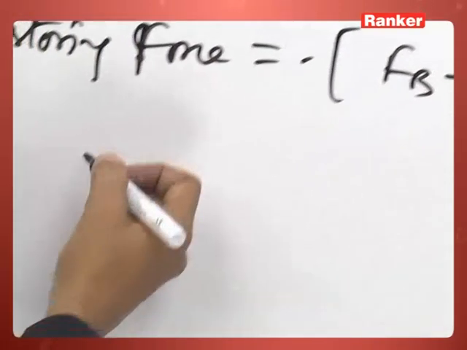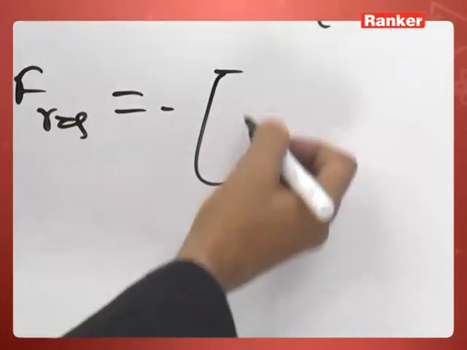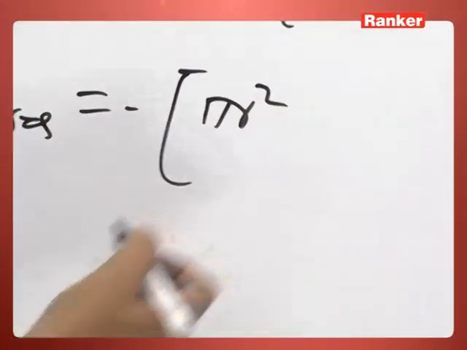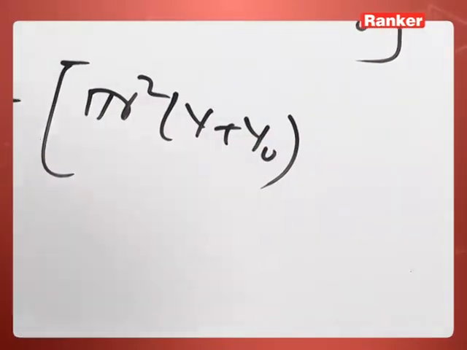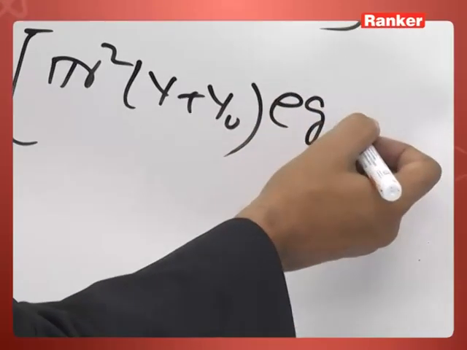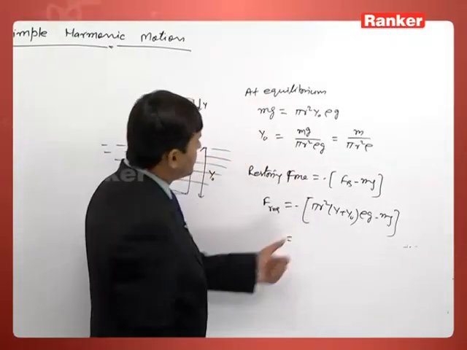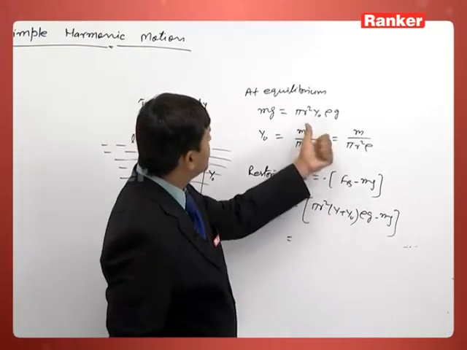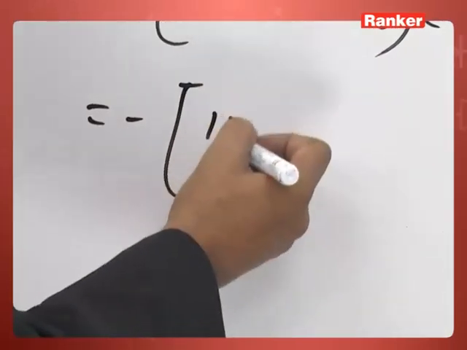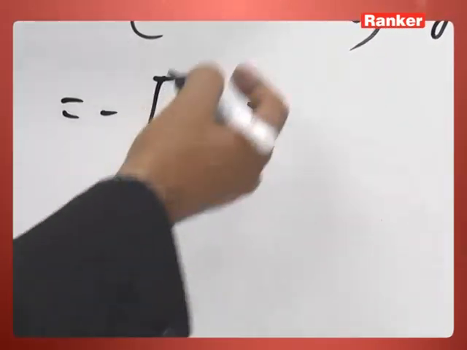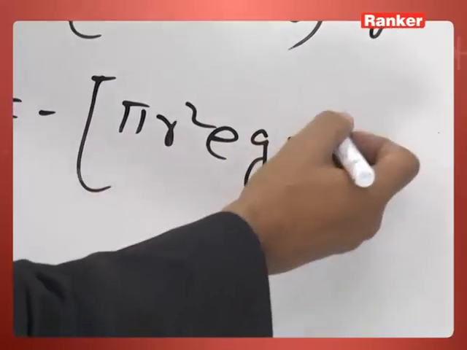Now the buoyancy force will be more slightly, pi r square into y plus y naught, rho g, minus mg. See, pi r square y naught rho g is equal to mg, so the force is minus pi r square rho g into y.